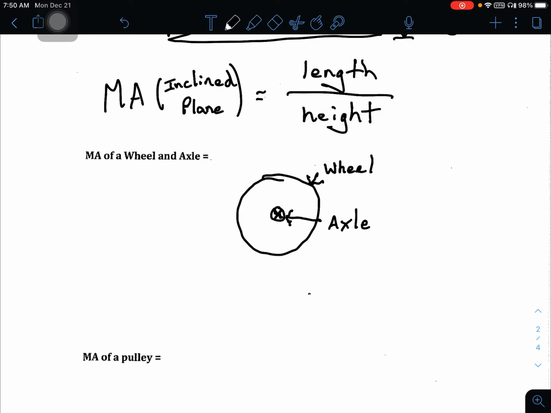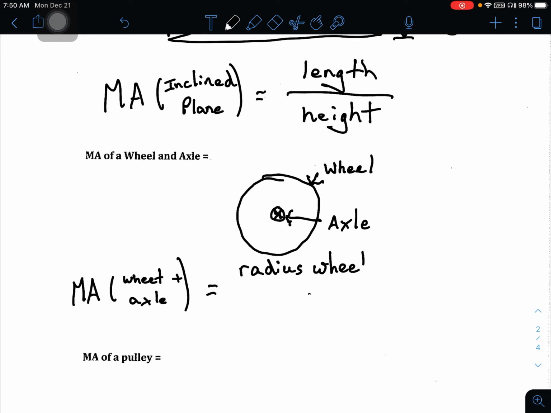So, the mechanical advantage of a wheel and axle system is calculated by dividing the radius of the wheel, the big circle. Now remember, the radius is the distance from the outside of the wheel to the center, right? 1/2 the diameter.